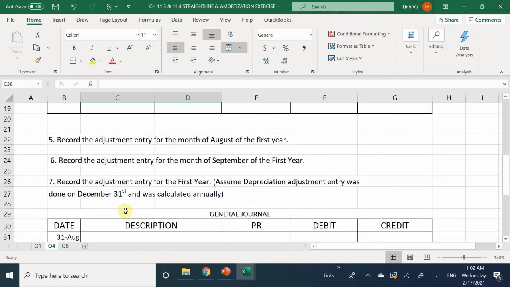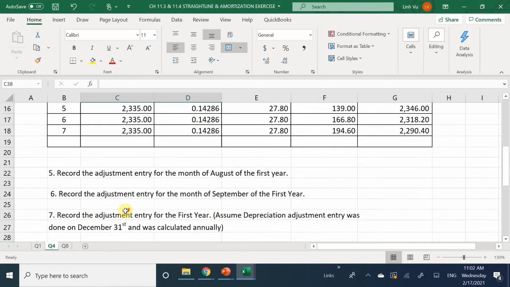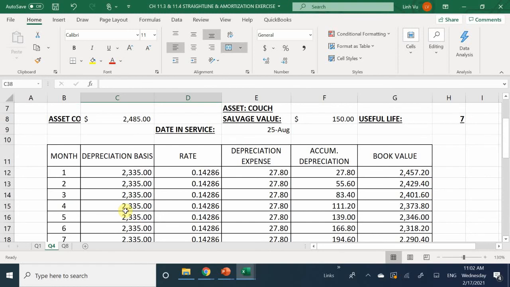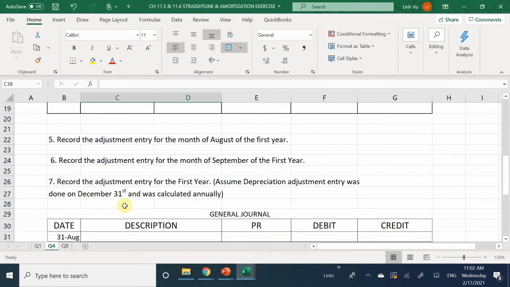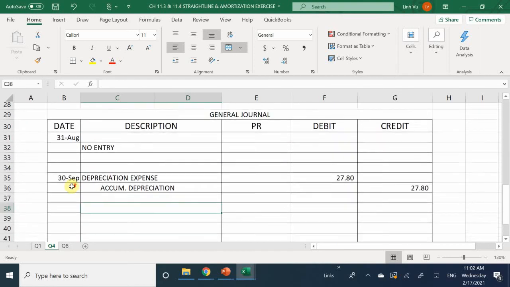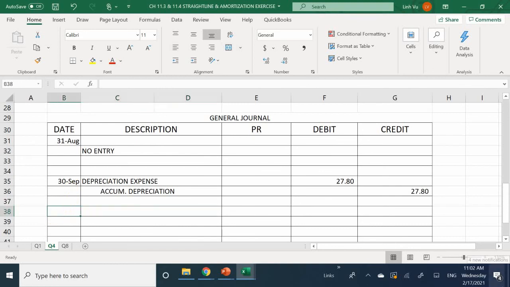Record the adjustment entry for the first year, assuming that the depreciation adjustment entry was done on December 31st and was calculated annually. Okay, so in terms of years, let's assume that this was supposed to be done in years. So I need to depreciate for the first year. So how many months am I actually depreciating? 12.